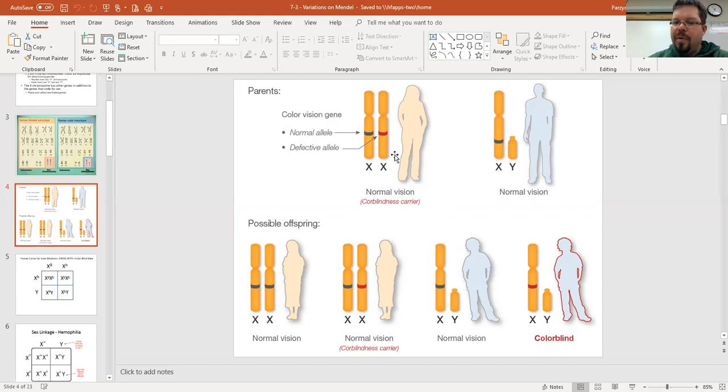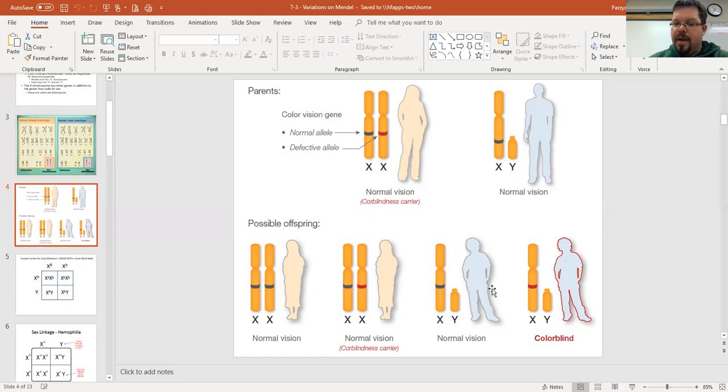Now, when we do a Punnett square and cross these, there are four possible outcomes, 50-50 male or female. If they have a girl, she's either going to have normal vision with both normal alleles, or normal vision but be a carrier. So it's impossible for them to have a daughter that would be colorblind.